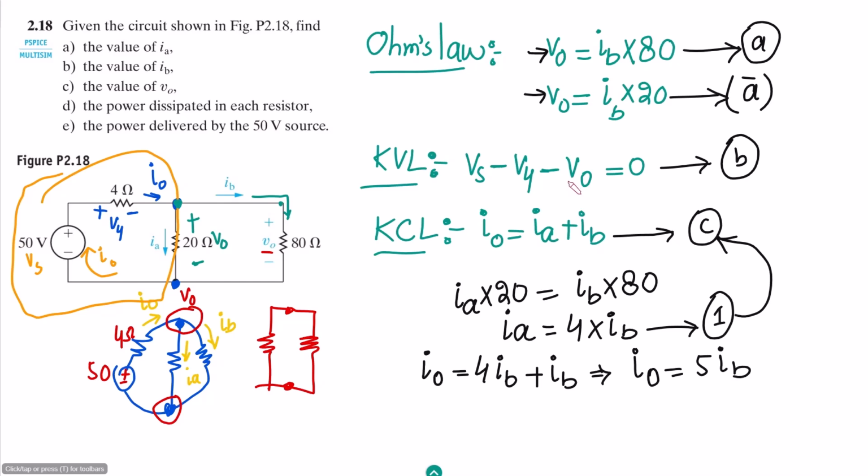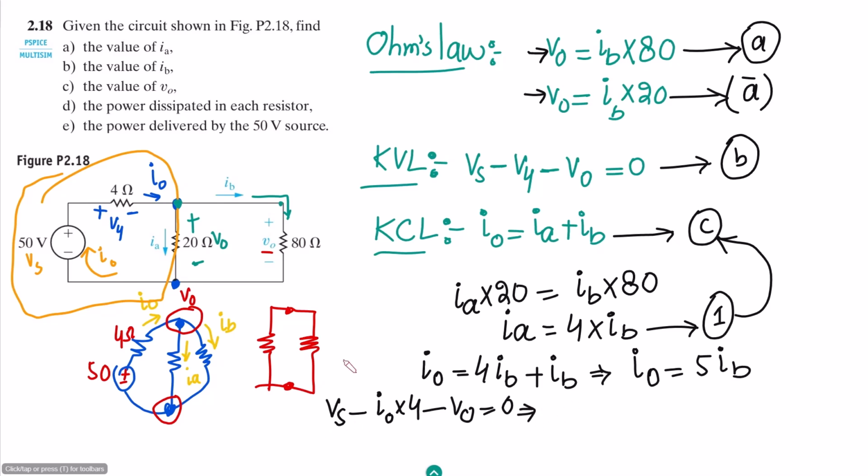Now let me take equation B, and from it we can clearly see that Vs minus V4 is across this 4 ohm. Applying Ohm's law here, I into R, where I here is I naught, so I naught multiplied by 4 minus V naught is equal to 0. Now let me put all these values here.